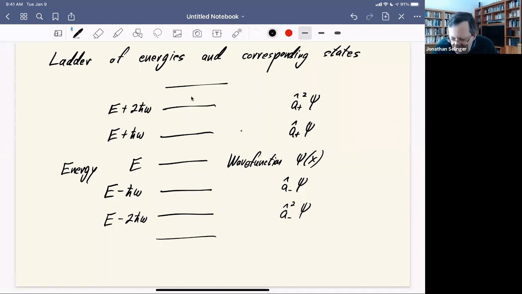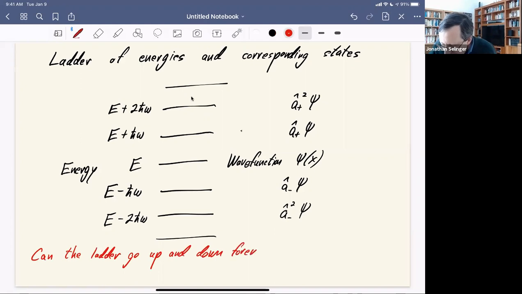Now, when you see a ladder like this, one natural question to ask is, can the ladder go up and down forever? There's a dot, dot, dot. Is it dot, dot, dot forever, or dot, dot, dot until you reach some limit?